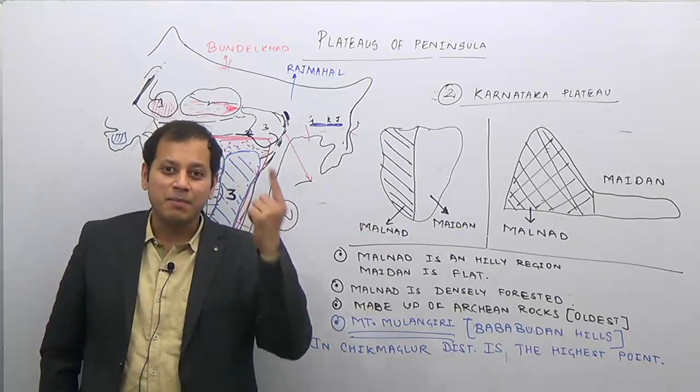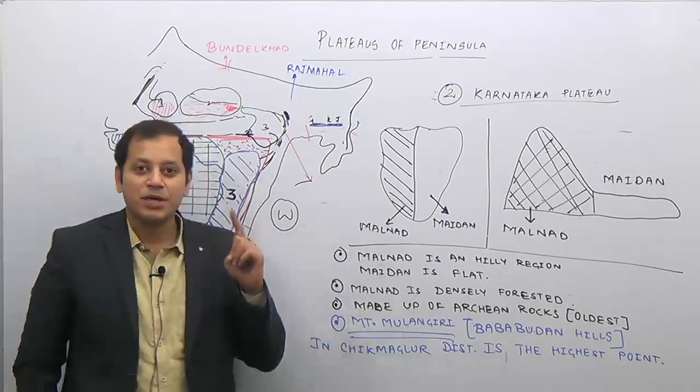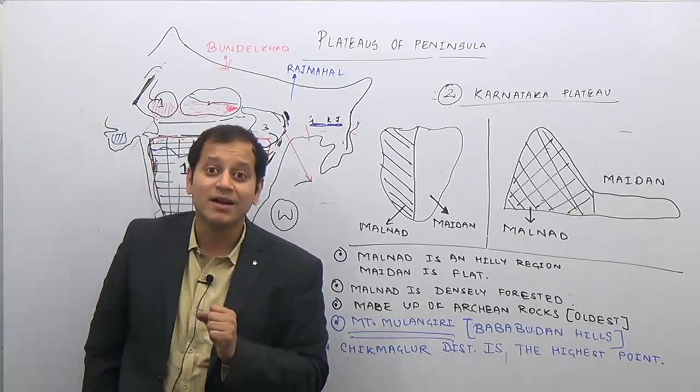That means the Baba Budan Hills are in the Karnataka Plateau region, where Mount Mullayanagiri is the highest hill.